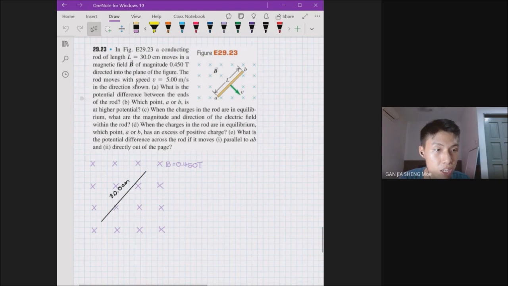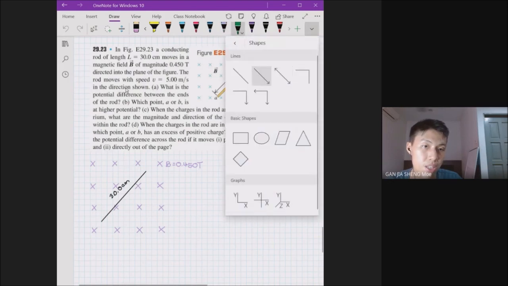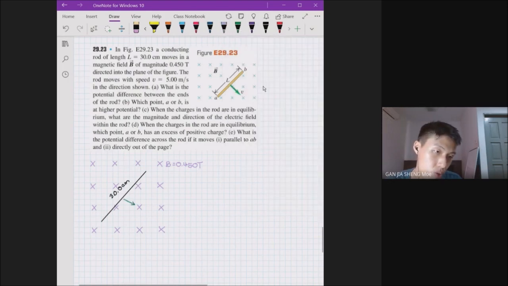Then the rod is moving with a speed of 5 meters per second in the direction shown, and I believe it's at right angle to the rod right now. This speed here is 5 meters per second.